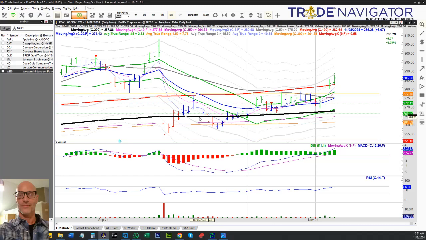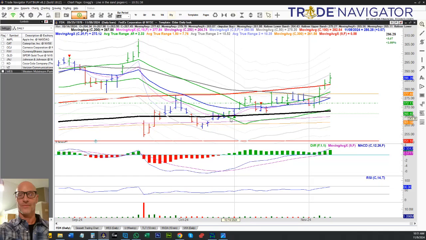The black line here is the 200-day moving average. This is a key level with stocks. Usually below the 250 or 300 is kind of a no-go area, but this is a level, and it's just as simple as, if I'm using the 200-day as an entry, if it's holding above, then I'm going to stay in the trade. If it's below, I'm going to get out of the trade.